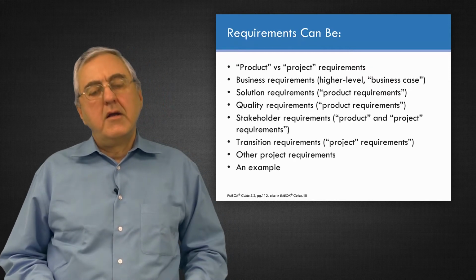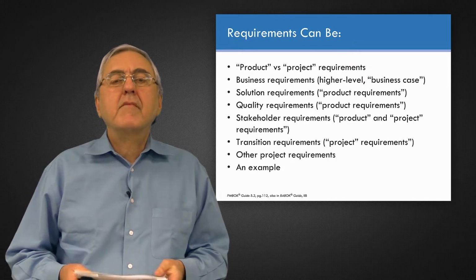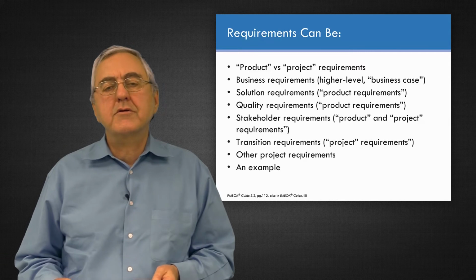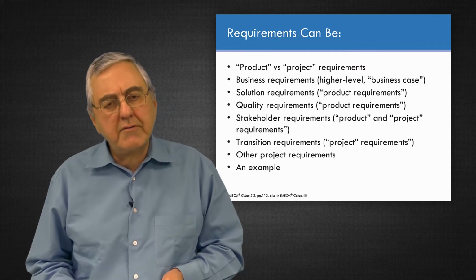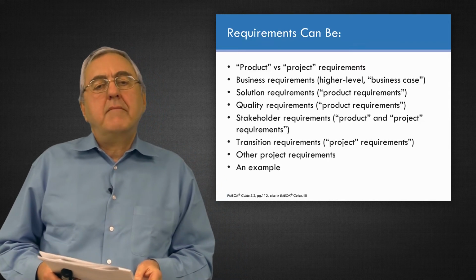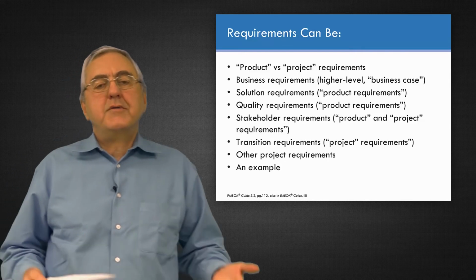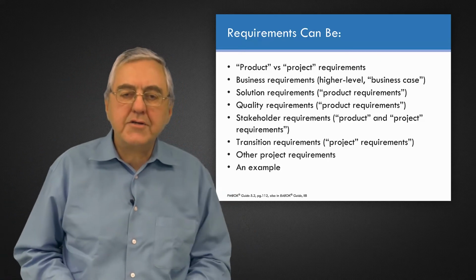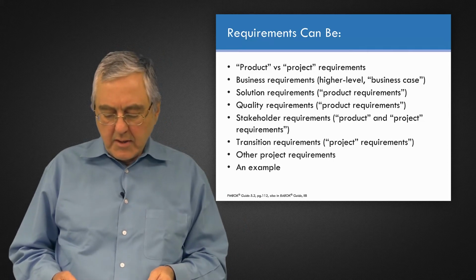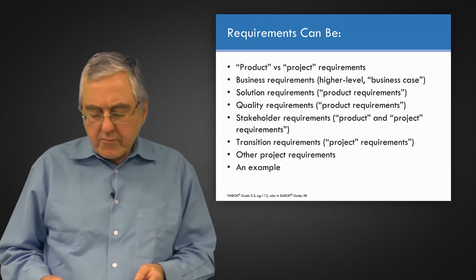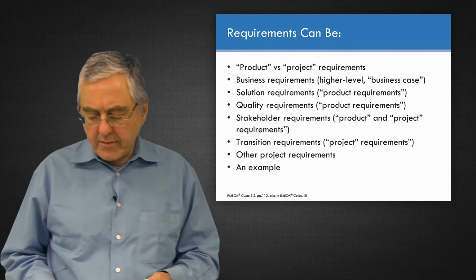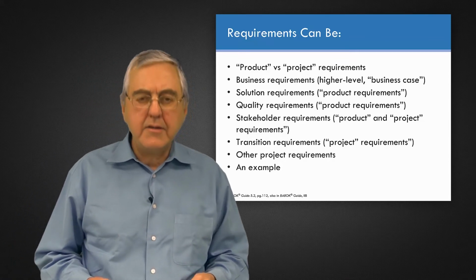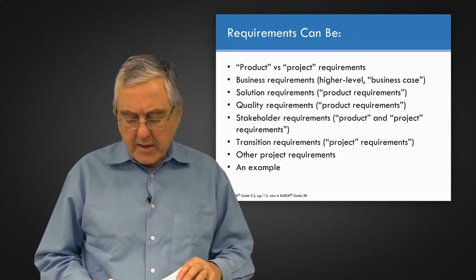Now these requirements can be product requirements or they can be project requirements. And Project Management Institute, their framework has a further list of categories of what these could be, and you can read a description of what these requirement types are in the Project Management Body of Knowledge document.